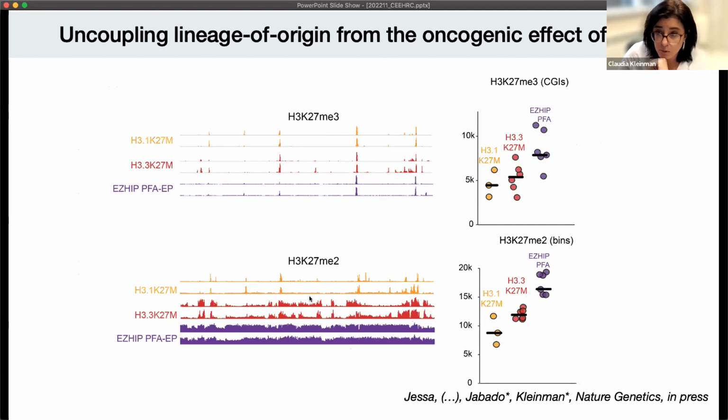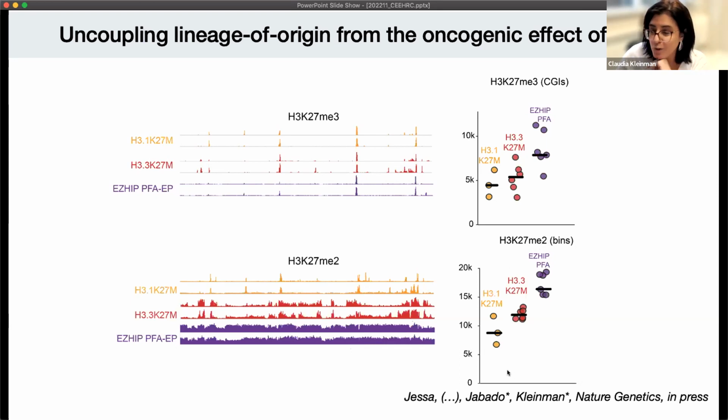At the K27me2 levels, we see major differences. We see a very narrow restricted pattern in H3.1, a little bit more spread in H3.3, and a wide spread in EZHIP-driven ependymomas. And this can be very easily quantified by the number of peaks that are occupied by these marks.